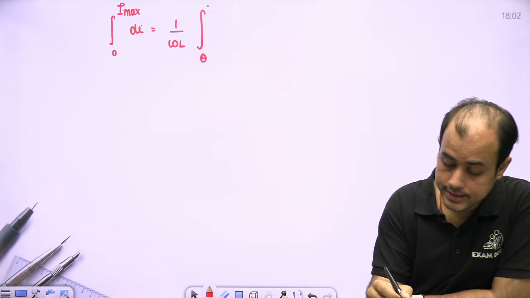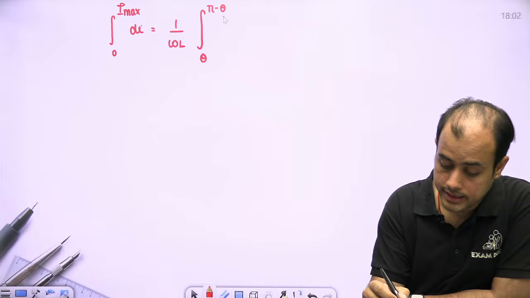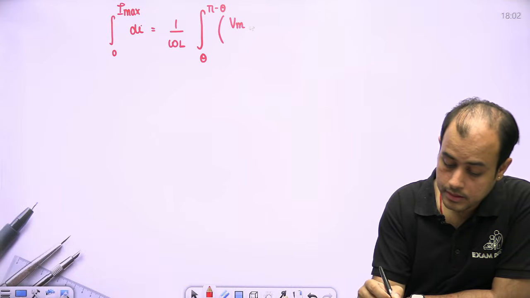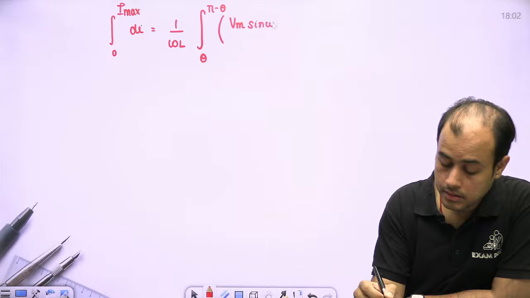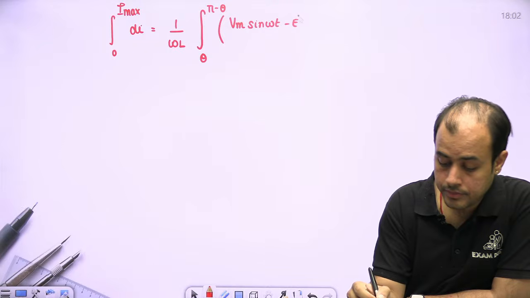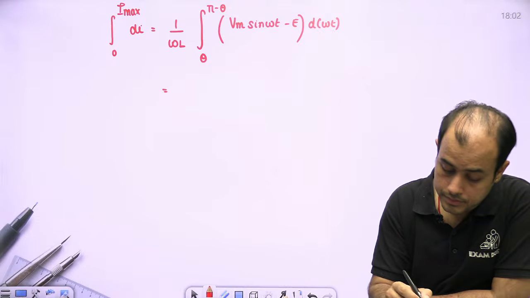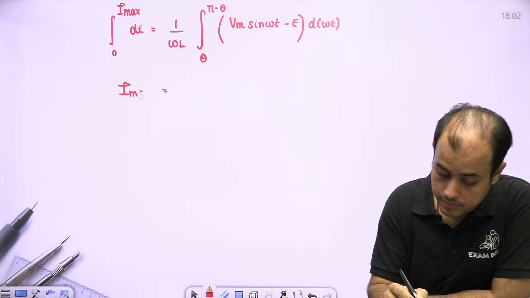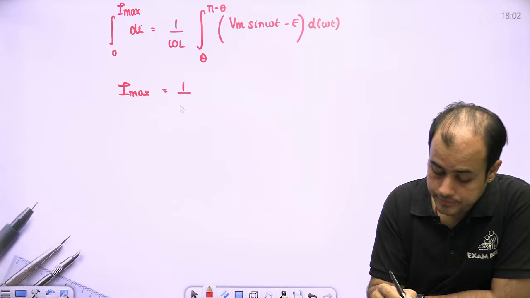At theta current starts, at pi minus theta it is maximum. I max.